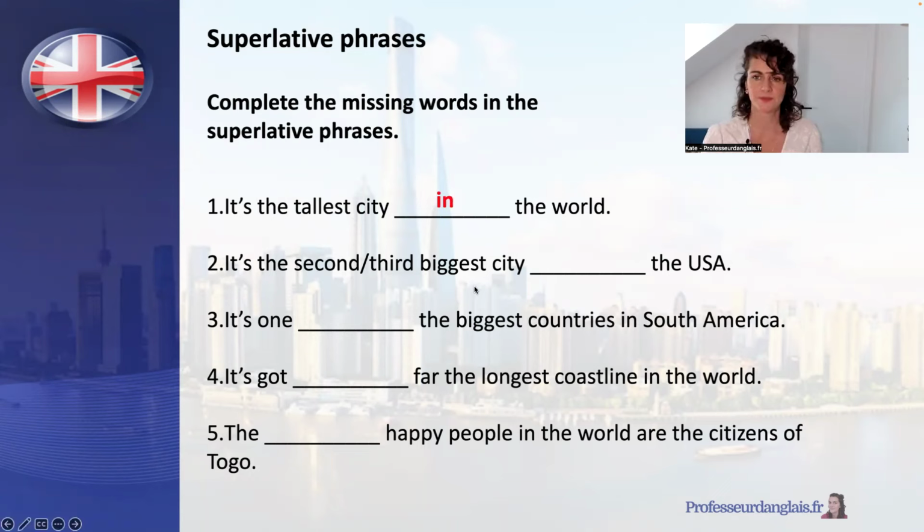Number 2, it's the second or third biggest city in the USA. Number 3. It's one of the biggest countries in South America. Number 4.